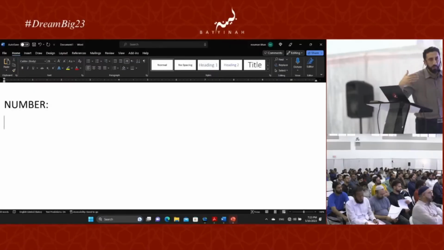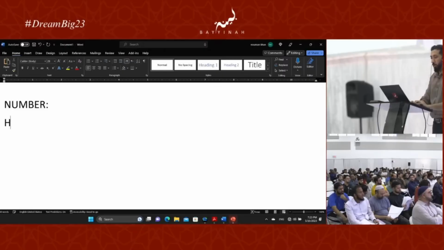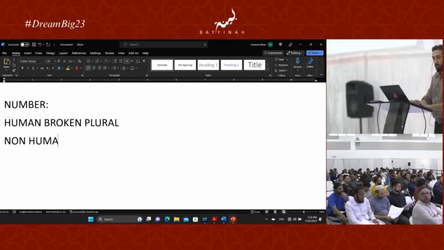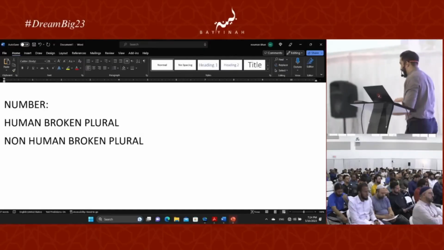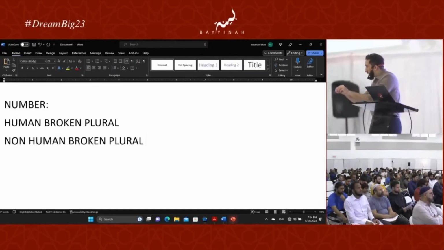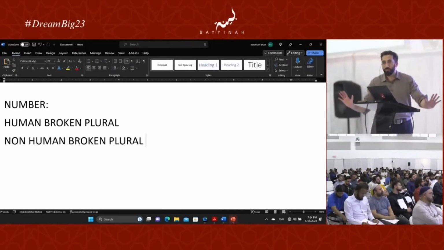Nas, what else? Qawm and Qarn. So when I say number, the problem part is not 5 items. The problem part is only 2 items, which are human, broken plural, and non-human, broken plural. If you understand this part, the rest of it is piece of cake anyway. Okay, so let's focus on the hardest parts, make them easier, and then the whole subject becomes easier.